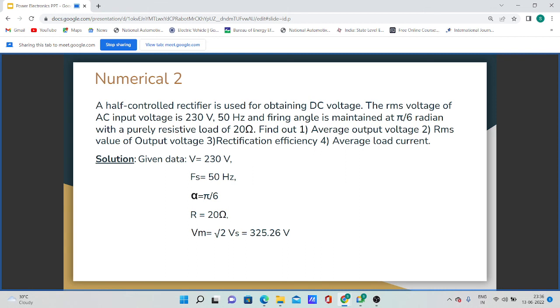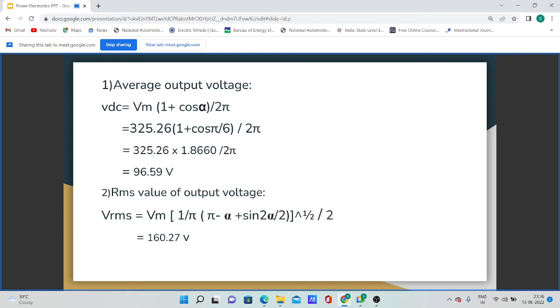Next, average output voltage. Average output voltage VDC is given by the formula Vm into (1 plus cos alpha) by 2 pi. Here alpha is the firing angle.